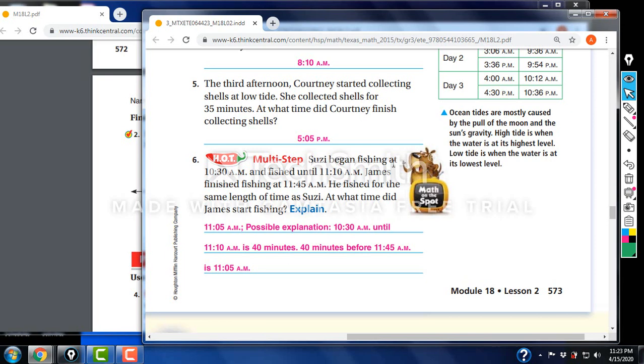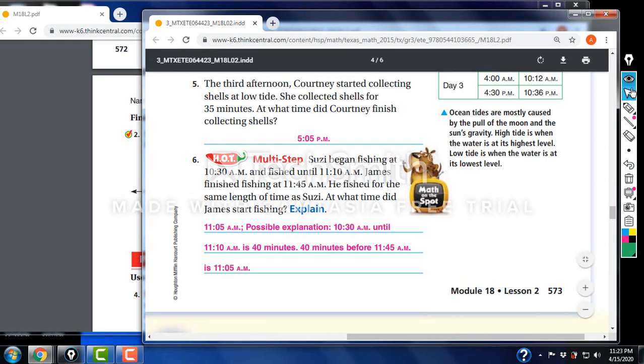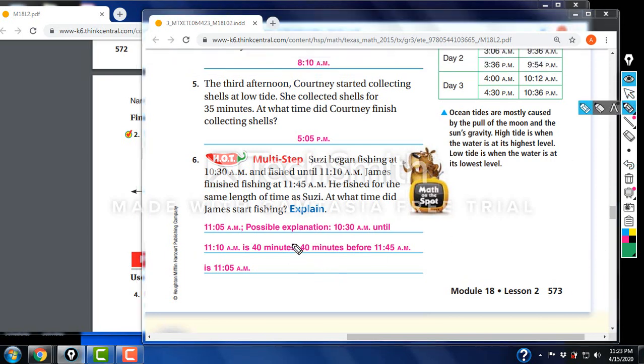Okay, here's another one. Susie began fishing at 10:30 a.m. and she finished at 11:10. So from 10:30, again, here's my clock. This is 10:30.